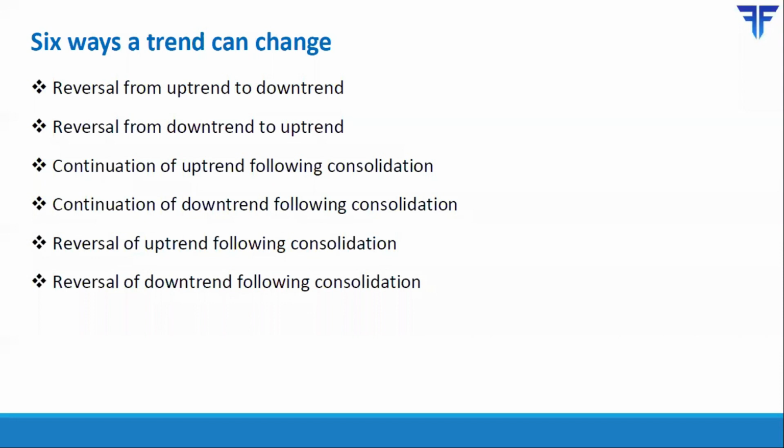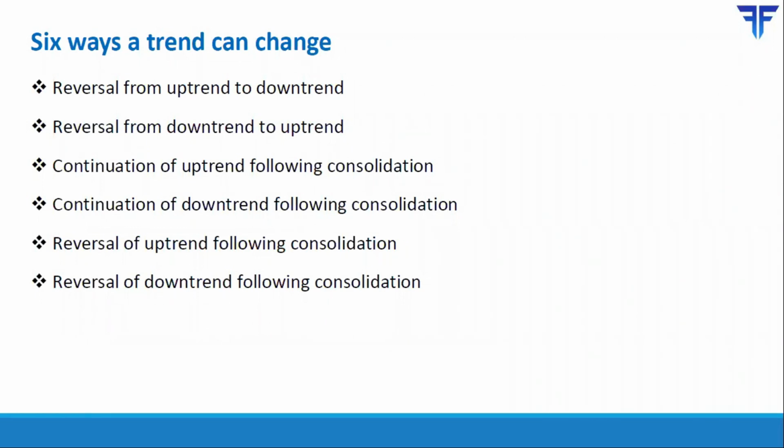Now, essentially speaking, there are a total of 6 ways in which a trend can change, and each of those ways is mentioned over here. One is reversal from uptrend to downtrend, then reversal from downtrend to uptrend. Third is continuation of uptrend following a consolidation.